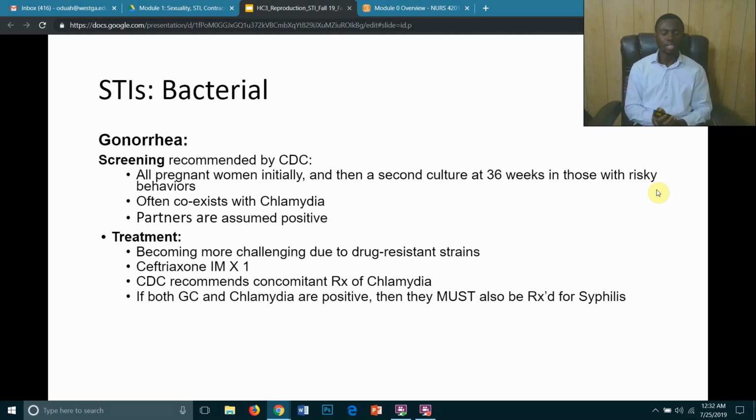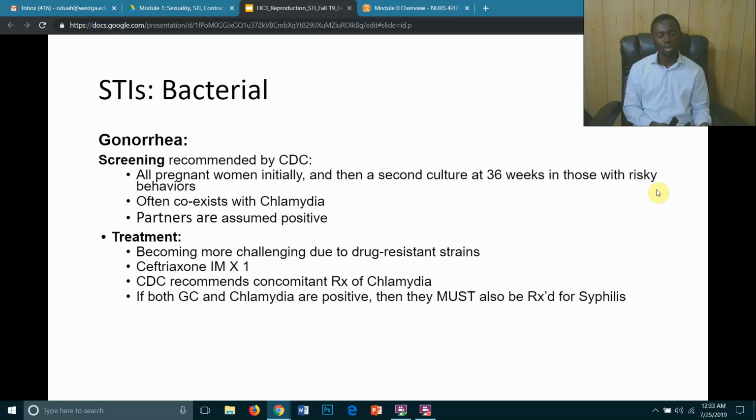So treatment medications include ceftriaxone, and this is given IM one time, and this is very, very effective, and also it allows for compliance because you only have to give it one time. The CDC also recommends concomitant treatment of chlamydia.